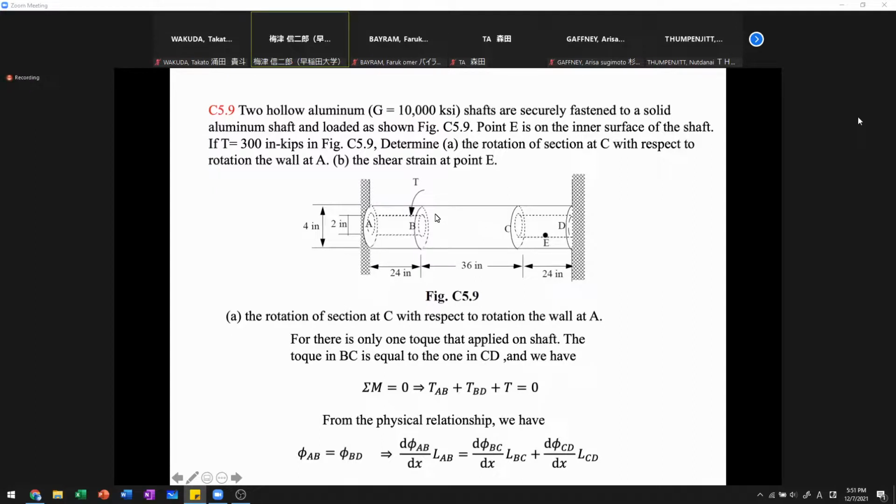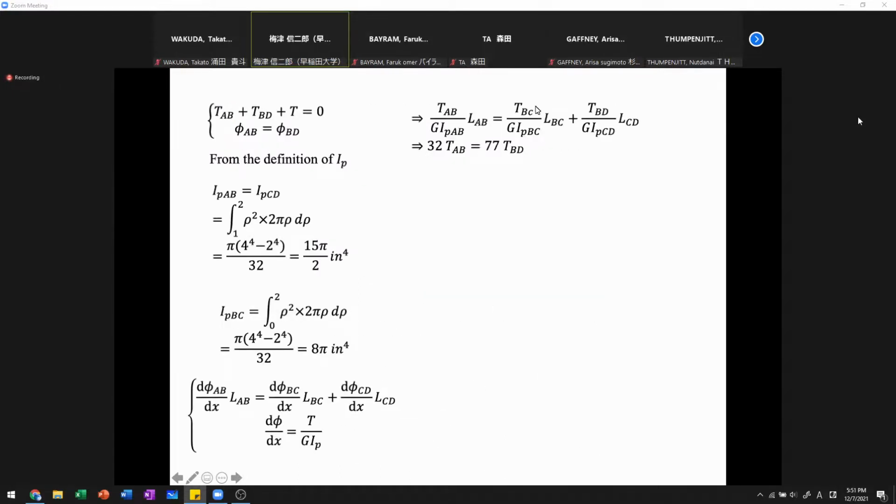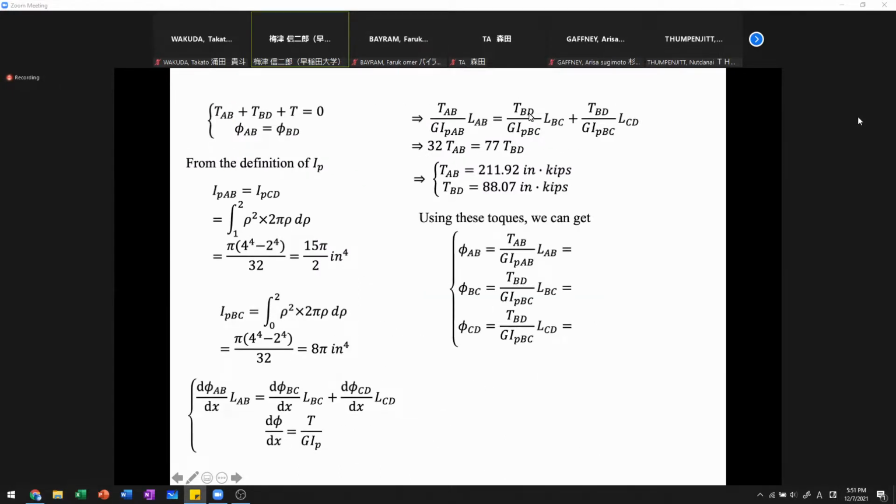Okay, so we express it as TBD here and here. Oh no, that is not correct. This one is correct. From the equation, TBC is okay, but for this case TBD should be used, because for the structure from B to D, that T must be constant.